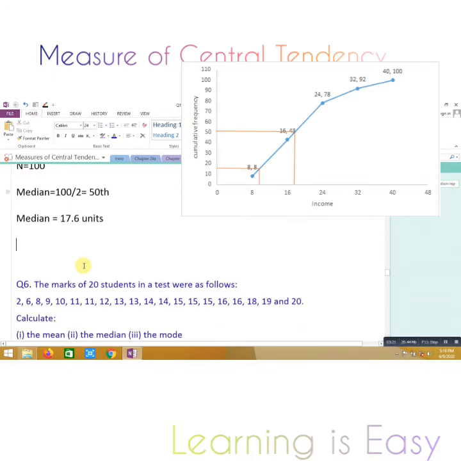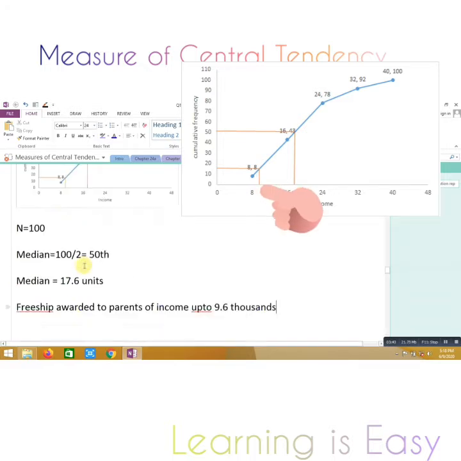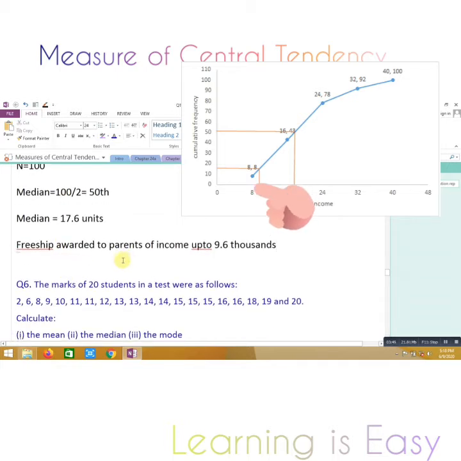So by drawing a line from 15 on the y-axis to where it meets the x-axis with a perpendicular line, that's the free ships awarded to the student's parent. Income range of up to 9.6 thousands. That's the point where the perpendicular line meets the x-axis, 9.6 thousands.